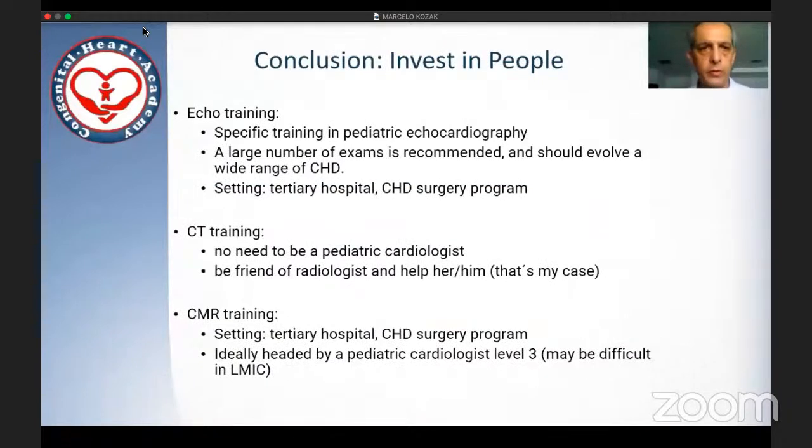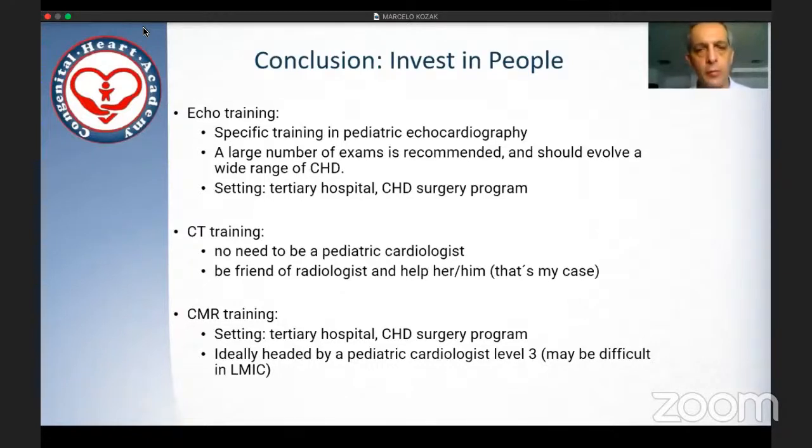In conclusion, invest in people. Echo training needs to be specifically in pediatric echocardiography. A large number of exams are recommended and should involve a wide range of congenital heart disease. This training needs to be at a tertiary hospital with a congenital heart surgery program. CT training, there is no need to be a pediatric cardiologist.